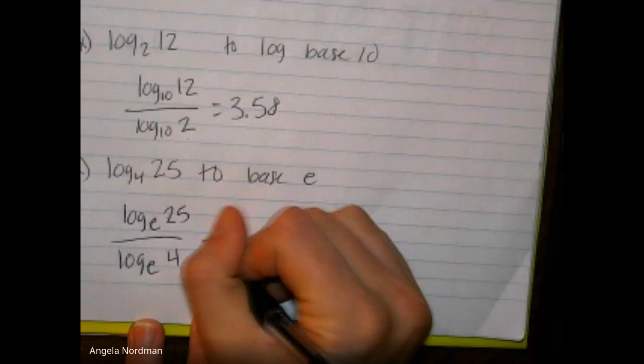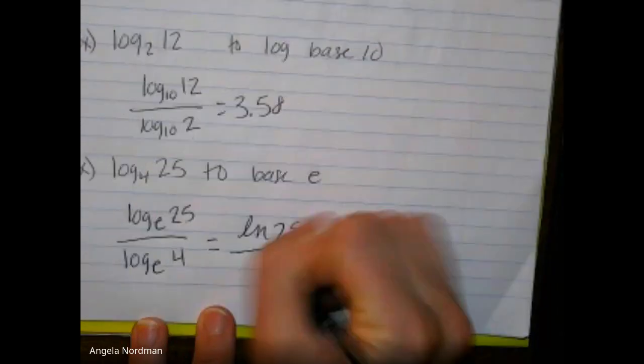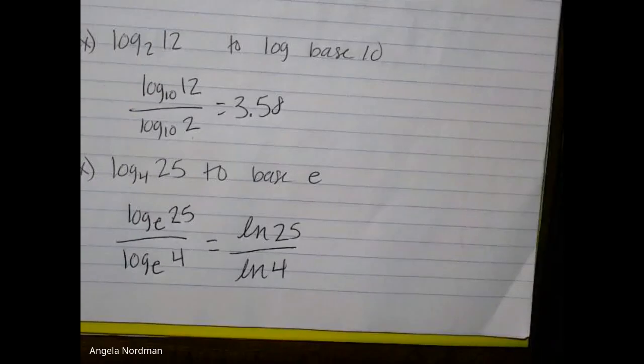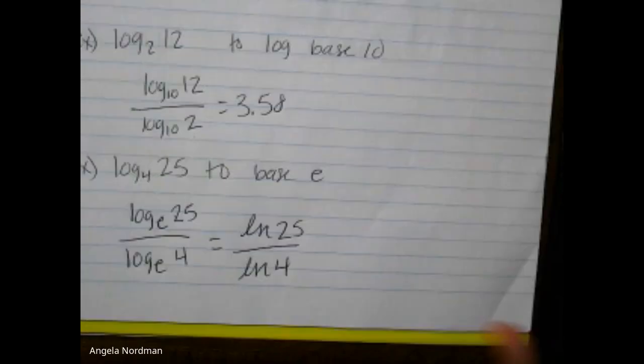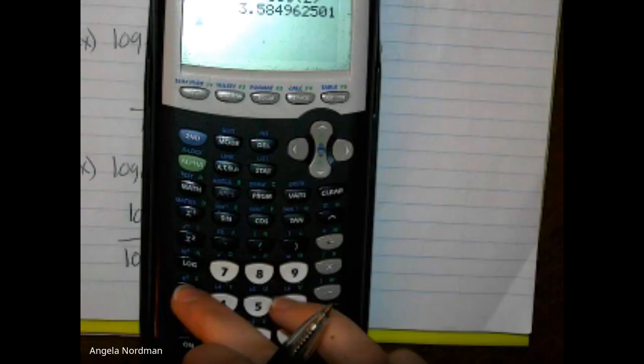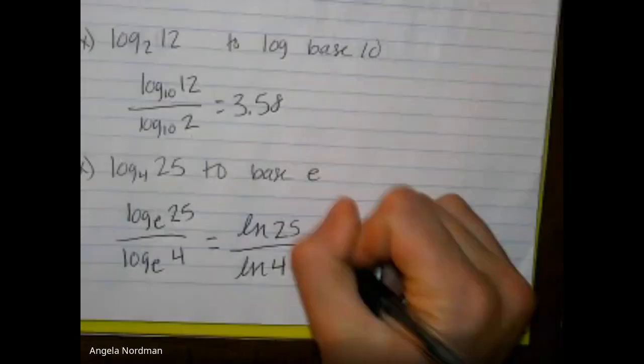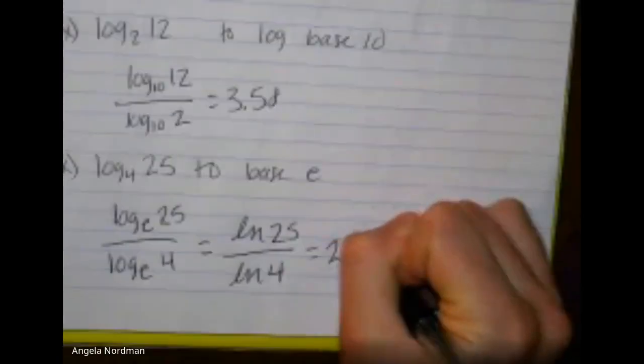I just want to reiterate that this would be natural log of 25 over the natural log of 4, because log base E equals natural log or ln. So I can use my ln button, ln 25 divided by ln 4, and 2.32. All right, so that is the change of base property.